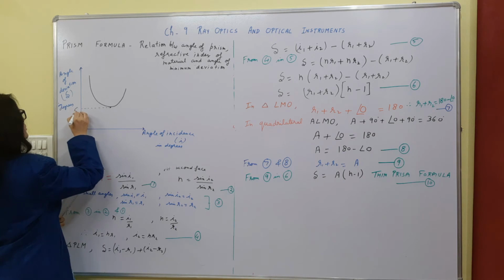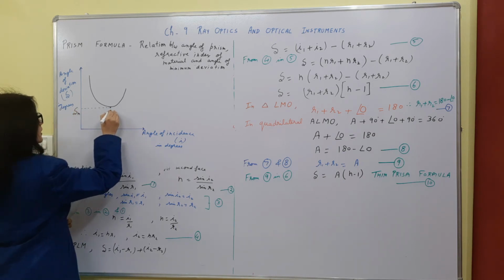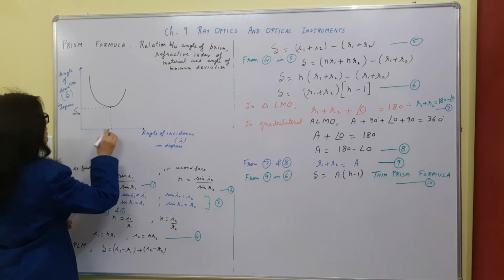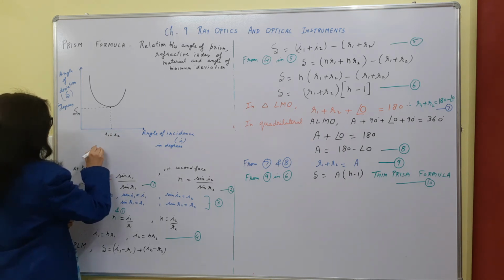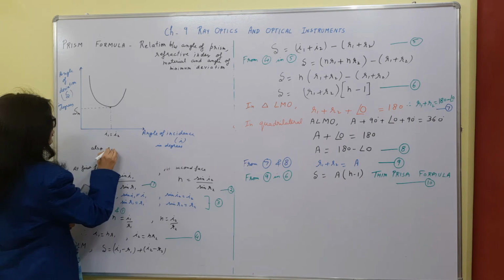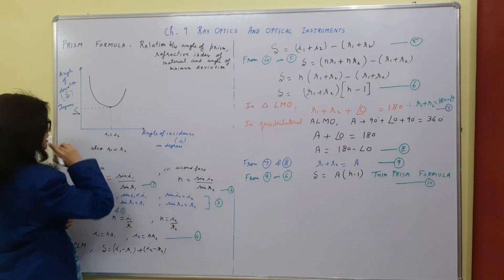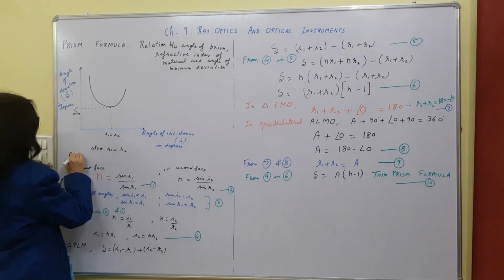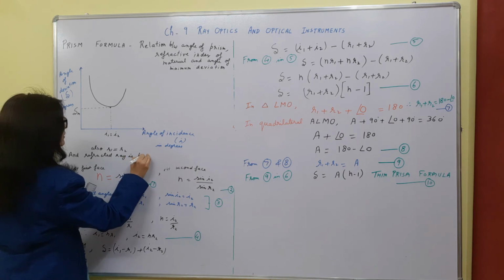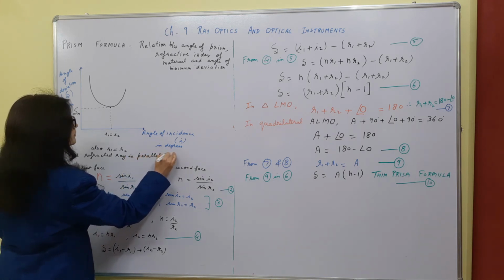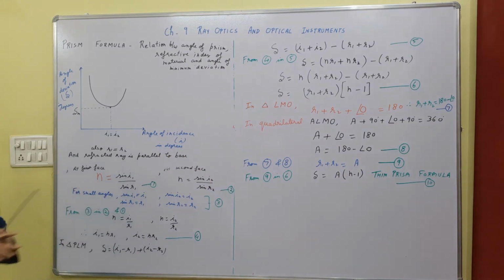So this point corresponds to the angle of minimum deviation, and in this case, the angle of emergence and angle of incidence are equal, and also the angles of refraction R1 and R2 are equal, and the refracted ray is parallel to the base, right?